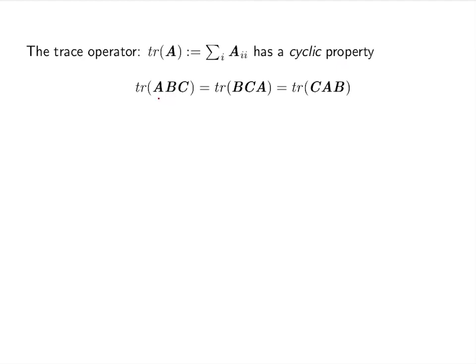Please have a look at it in a very detailed way. We see that we are allowed to cycle matrices, and supposedly the result stays the same. That's a nice exercise for you actually to show that this is correct. These three expressions are actually equal.